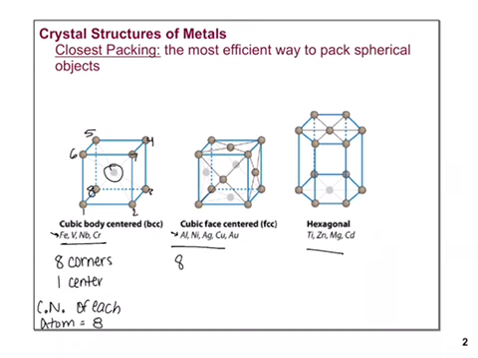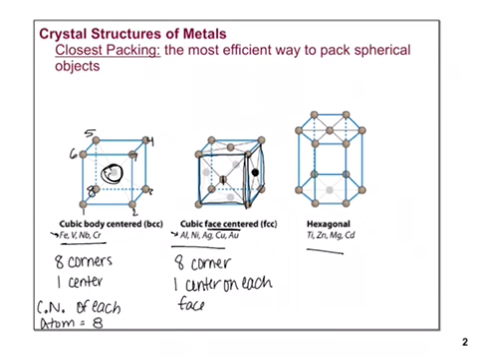Cubic face centered, again, has 8 corners, and there's 1 center atom on each face. So that would be like right here is that 1 centered on this front face here. Here is this center atom on this face up there, and that's where we get that face centered.